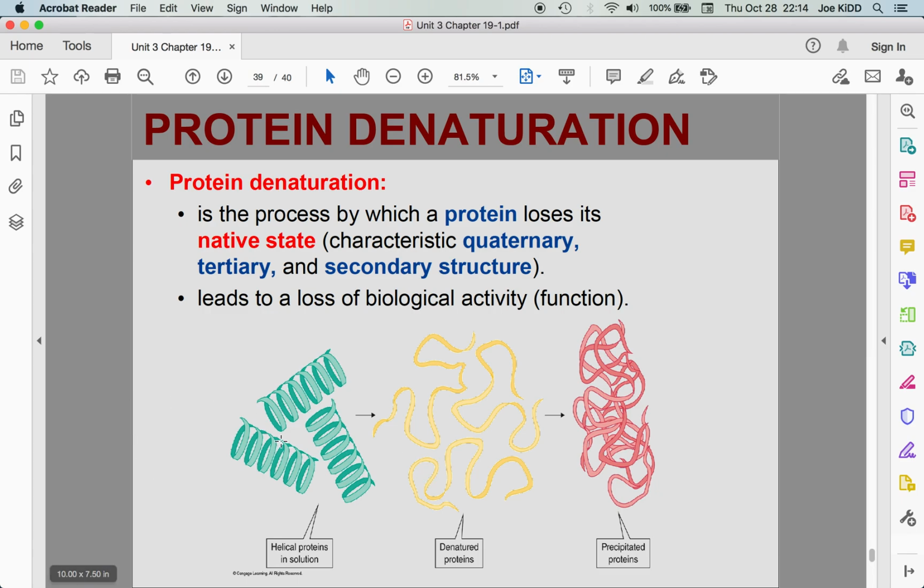If this is what the tertiary structure of this protein was supposed to look like for whatever function it had, as it begins to get denatured, we start interrupting those tertiary and secondary interactions, and what we're left with instead is just a garbled mess of unwoven proteins. And what ends up happening is they will cluster up on themselves and precipitate out.